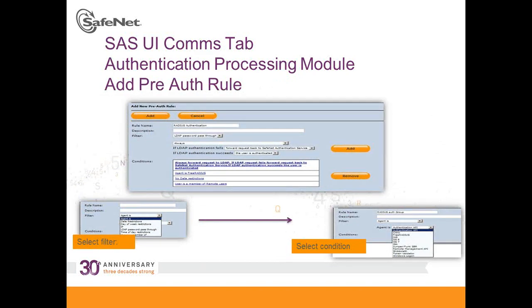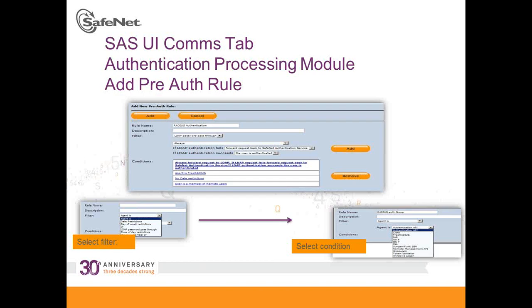There are a number of conditions and filters that can be set and defined. One of the most common is to perhaps restrict access to certain servers using pre-auth. So I could build a set of pre-auth rules that will allow my users in groups to only access, for example, a fixed firewall versus a Cisco ASA or a Juniper device.